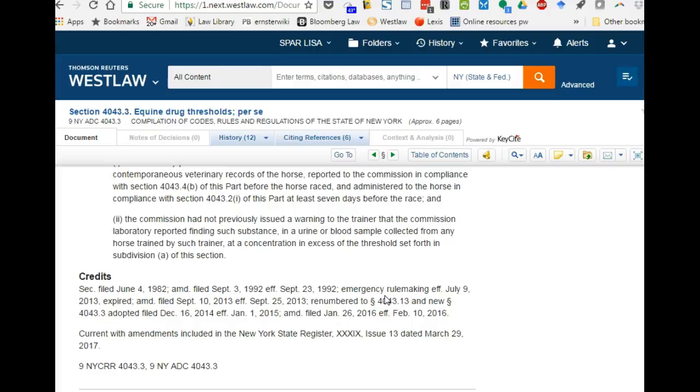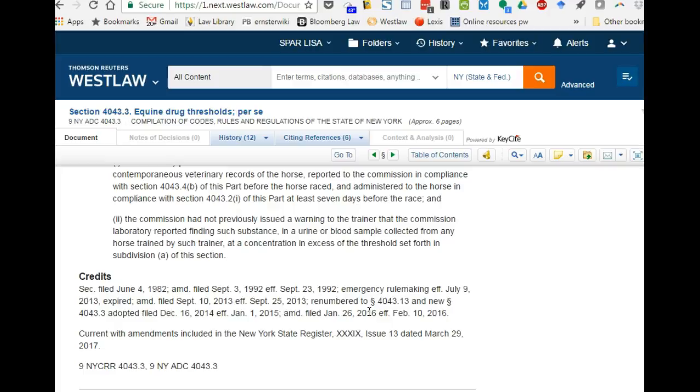And as it turned out, because we have all these emergency rulemakings, we wound up having to go back to the source. Now, not all state codes tell you the source, but if you have the date, you can then go back into the register for that date and look and see if you can find your section.